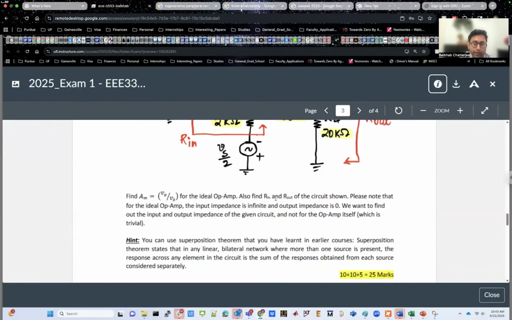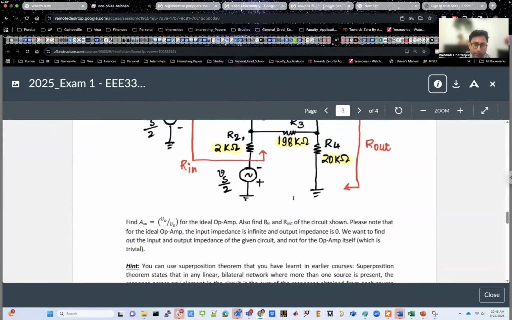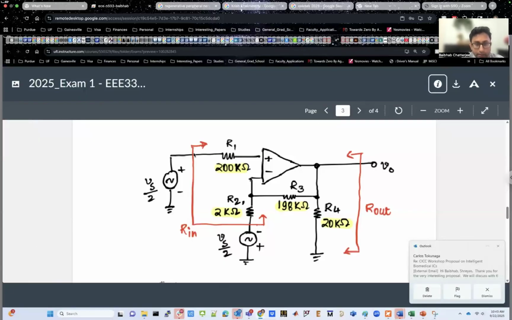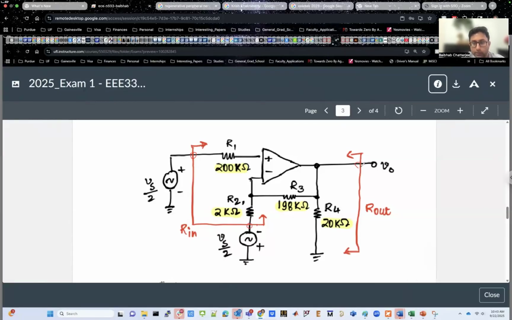And also you need to find R in and R out for this circuit. What is the R in for the entire system, looking at these two terminals as indicated? So basically you're looking into the input resistance between this terminal and this terminal. Similarly, you're looking at the output resistance between this output terminal and the ground. That's what you're required to find out for this particular question.